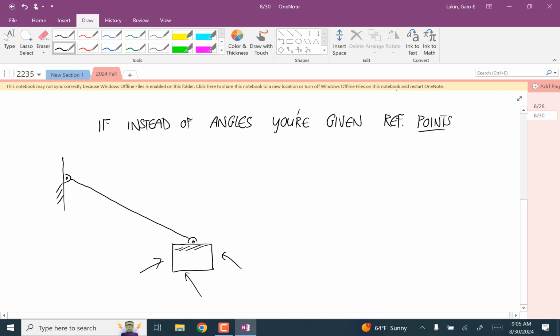But this is connected to the wall by a cable. And instead of being given the angle that this cable is at, let's say that we're able to figure out coordinates of these 2 points.